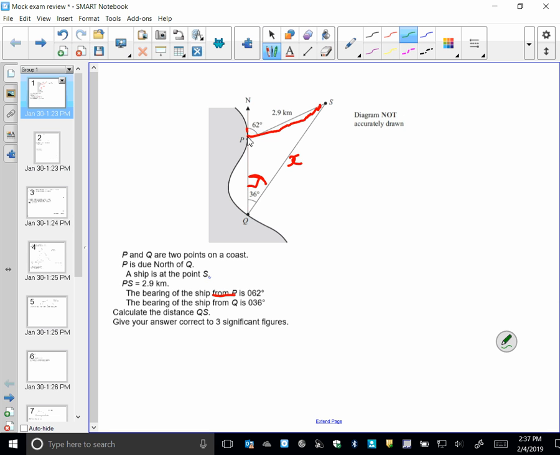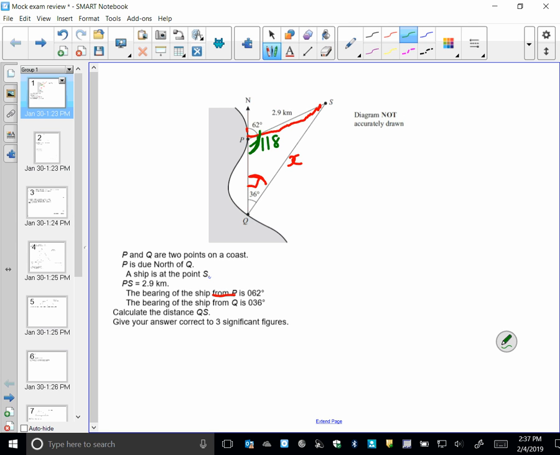Do you mean this part here? Yeah. So that would add up to 180 because it's a straight line. And so what would the green angle there be? 118. Yes.